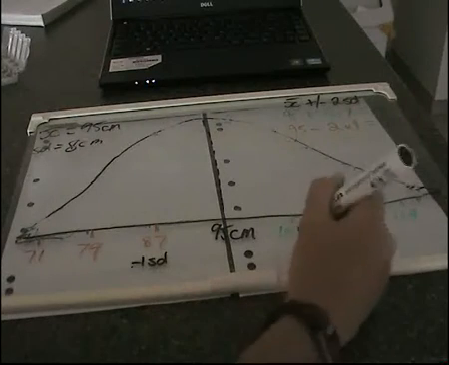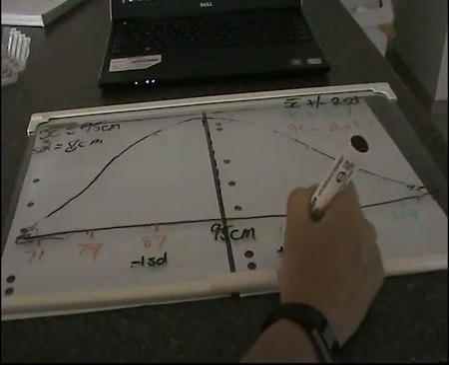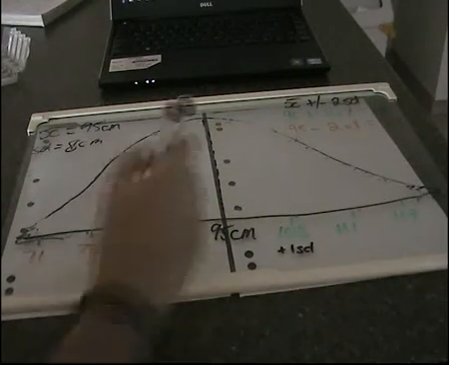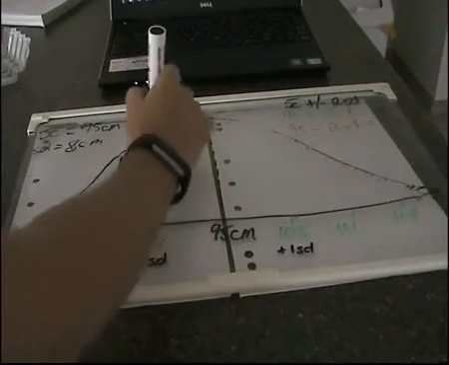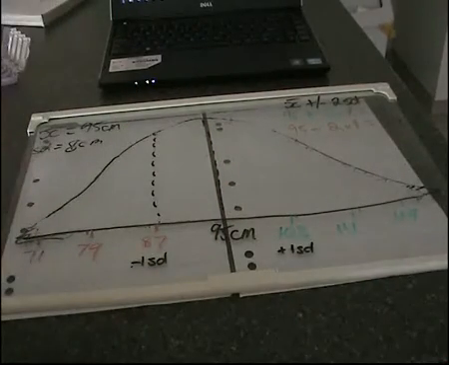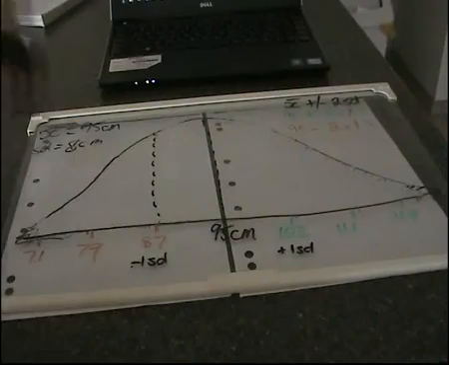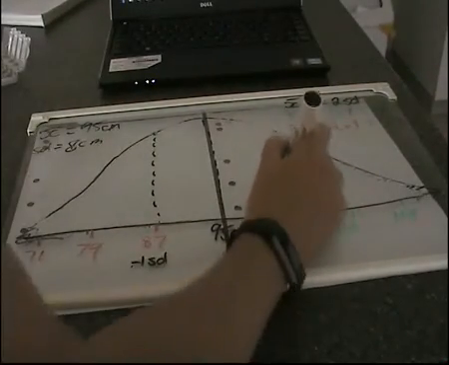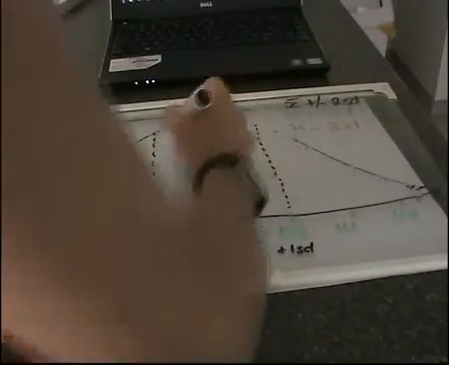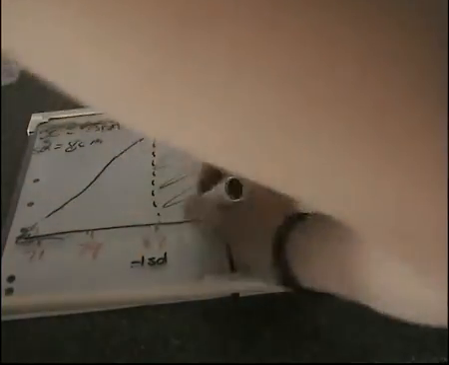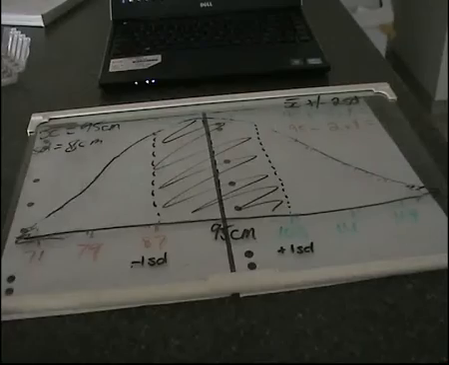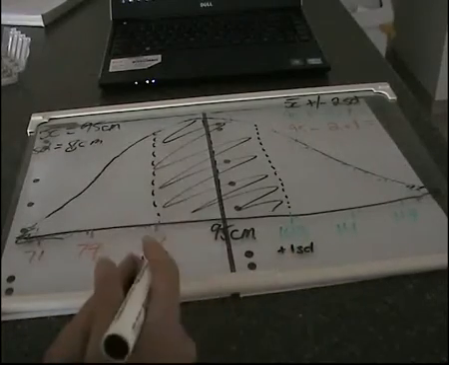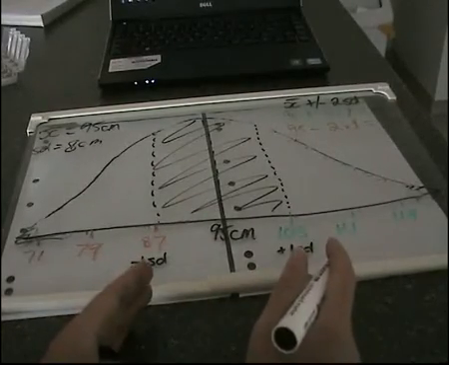Then we find 103, and that is 1 standard deviation above. And because the question asks for the percentage of footballers with chest measurements between these 2 figures, what percent lies within 1 standard deviation below the mean and 1 standard deviation above the mean?